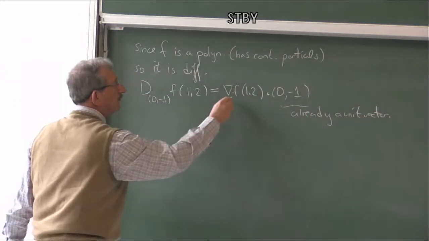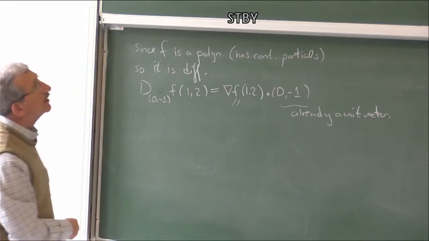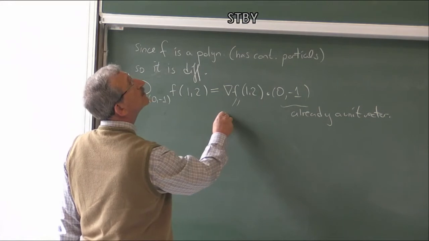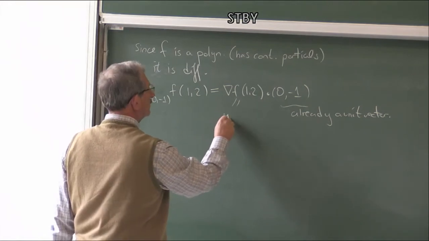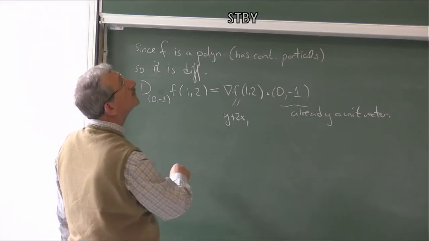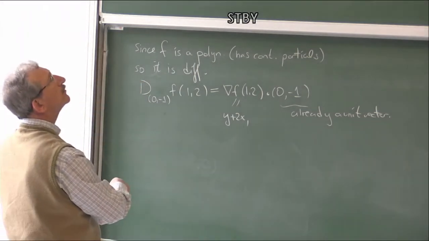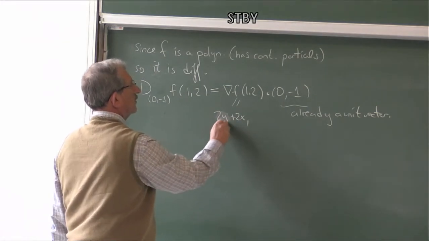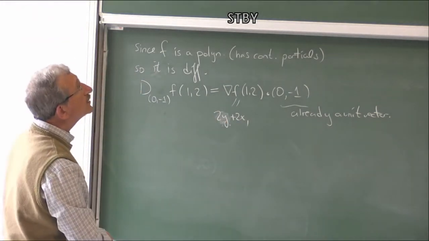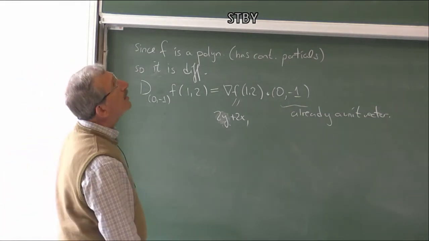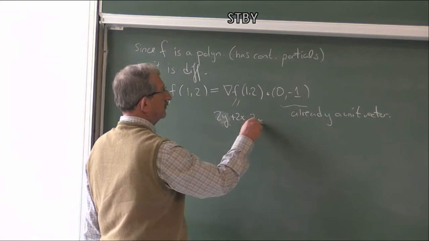Okay, and this, of course, looking at our function, the derivative with respect to x is 2y plus 2x, and with respect to y, it becomes just 2x.